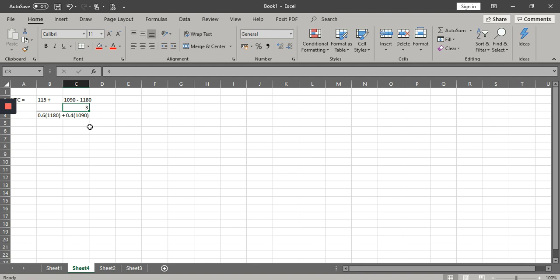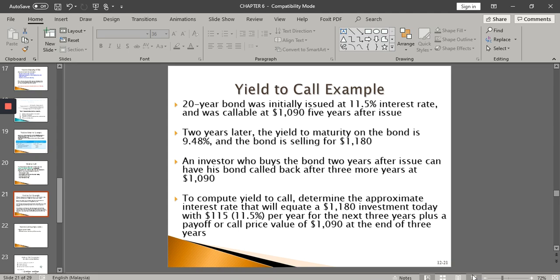Alright, instead of duration of maturity, you have duration of call. So your answer would be 7.43%. Alright, so that is your answer for yield to call.